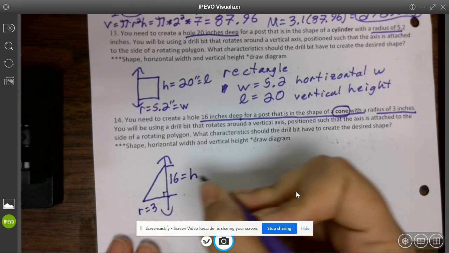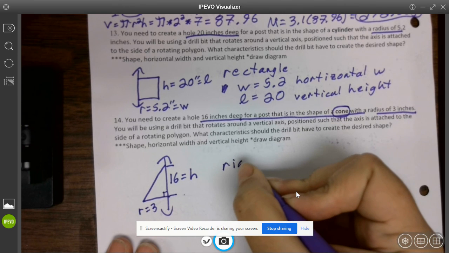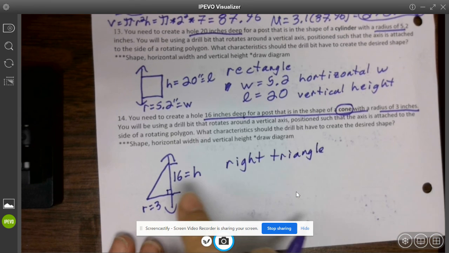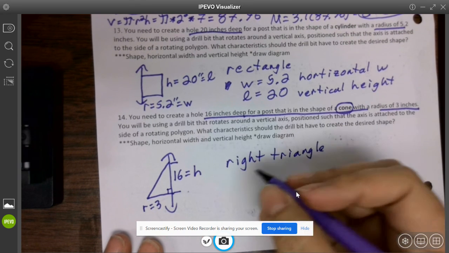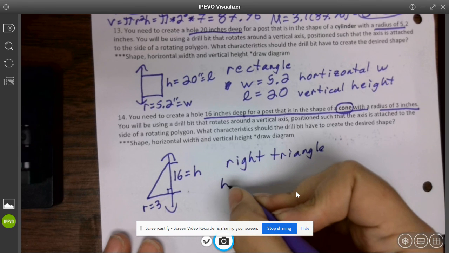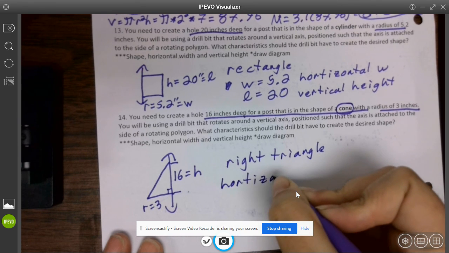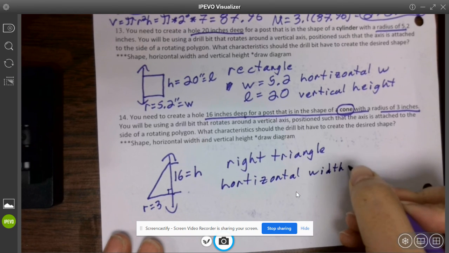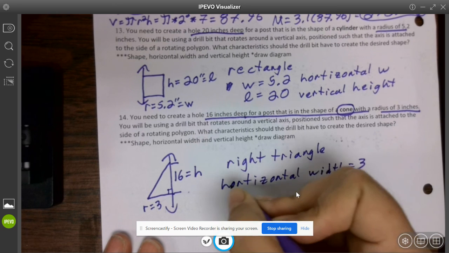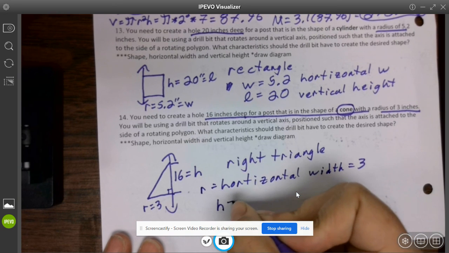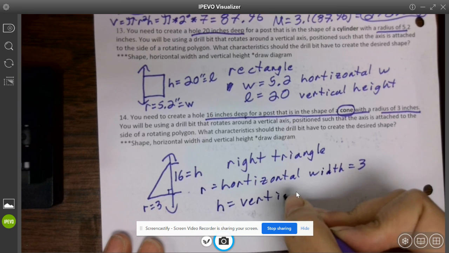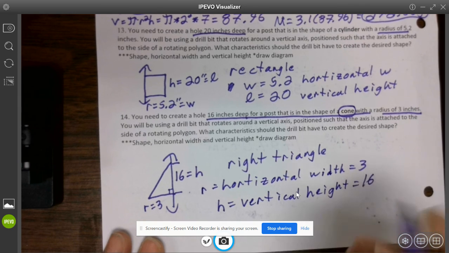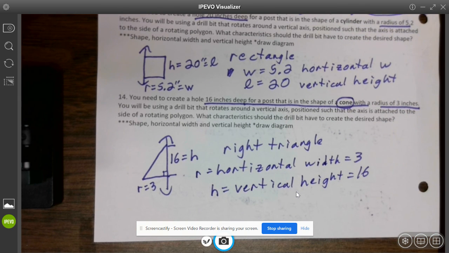That shape, everybody, is a right triangle. Right triangle, because that has that. And then horizontal width equals 3, because that's the radius. And then our vertical height is 16. Okay, everybody, you got this.